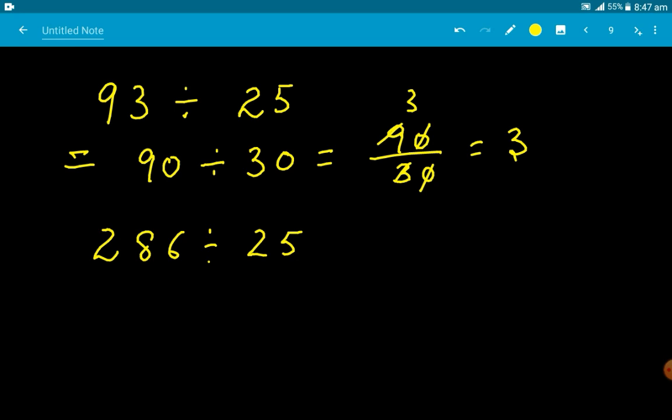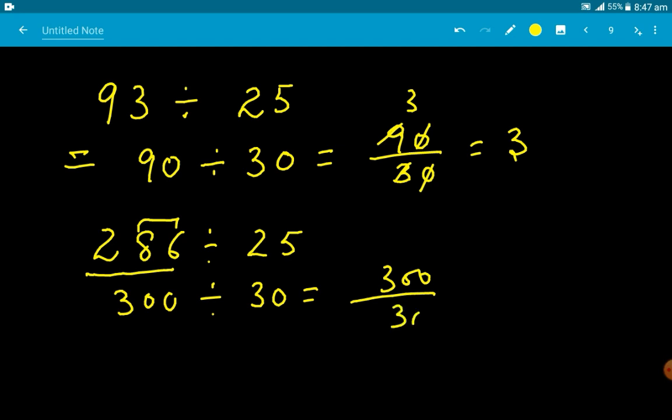What you have to do is see that these numbers are 3 digits. Check these 2 digits, greater than 50, so it will become 300, and this 25 will become 30. So 300 divided by 30, 0 cut by 0, 3 tens are 30. So our answer is 10. So the quotient is rounded off and it becomes 10.